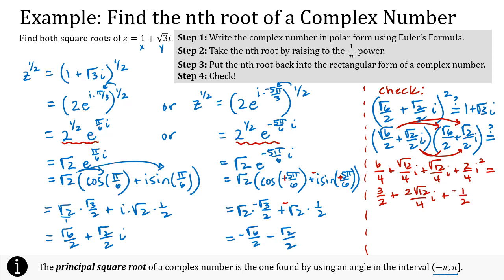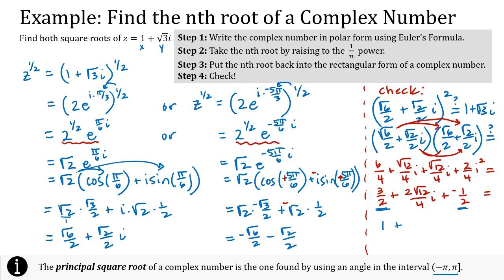Did you get that? 2 over 4 is 1/2, and I squared is -1. So that's -1/2. Okay. So let's see. I've got some like terms here. 3/2 plus -1/2 is going to give me 2/2, which is 1. That's good. I like that.